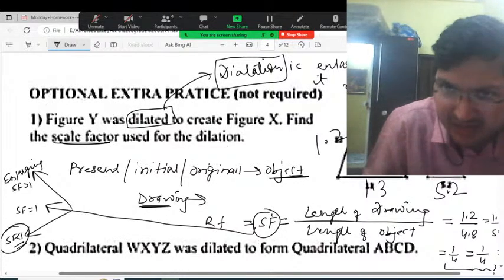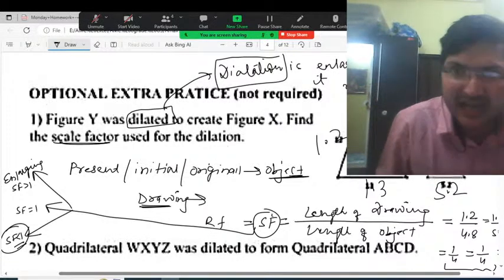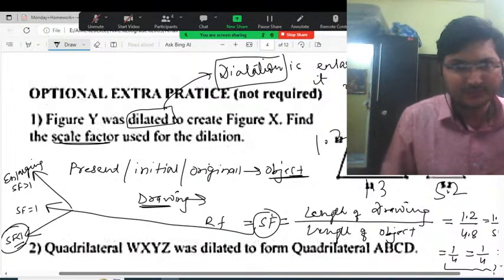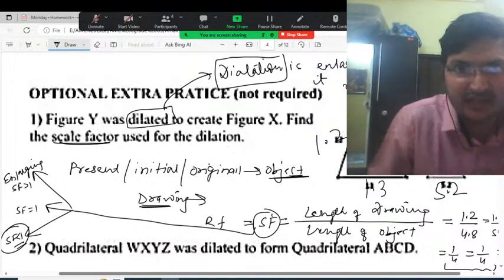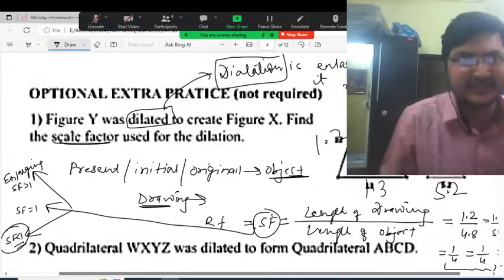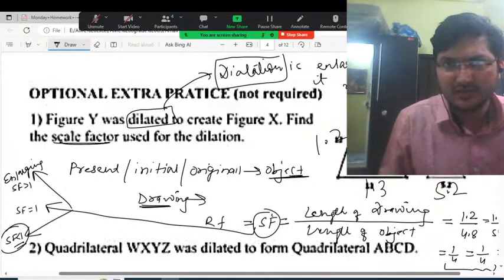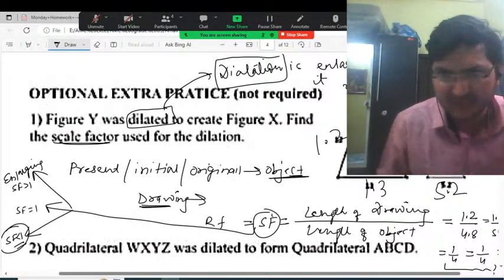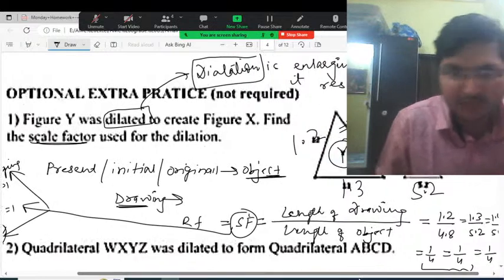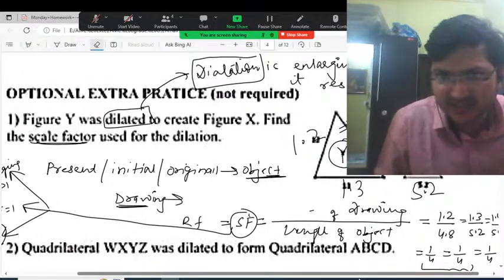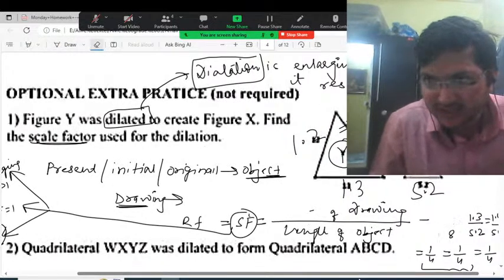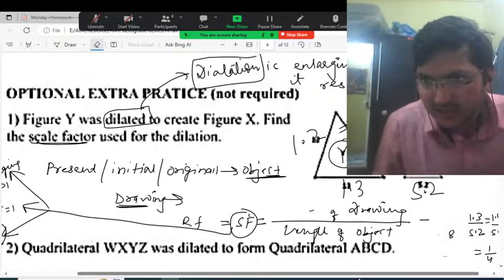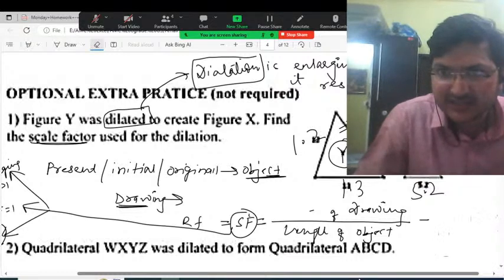Figure Y was actually dilated to create figure X. Okay, one minute. I have not read it clearly, that's why it happened. Here you need to understand, the dilated figure is not this one.